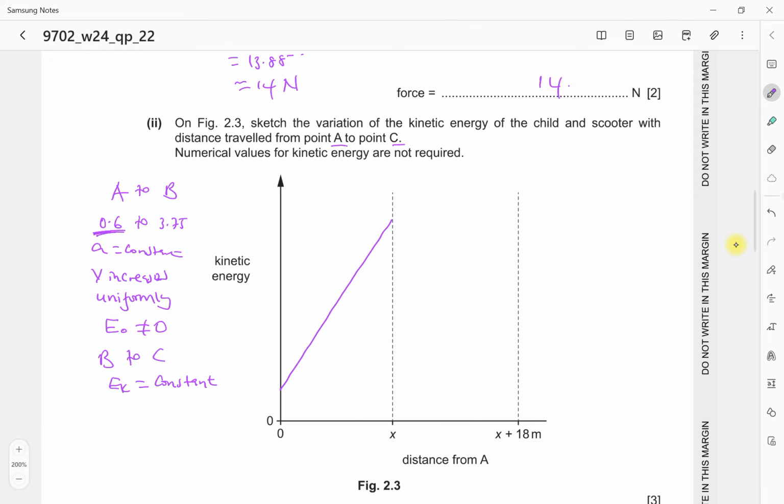Therefore, for the next 18 meters, I will draw just a horizontal line. Okay. So that will be our graph.